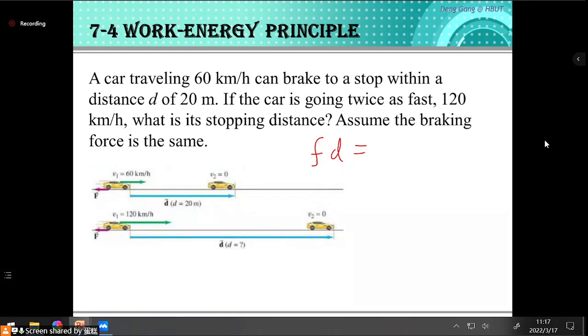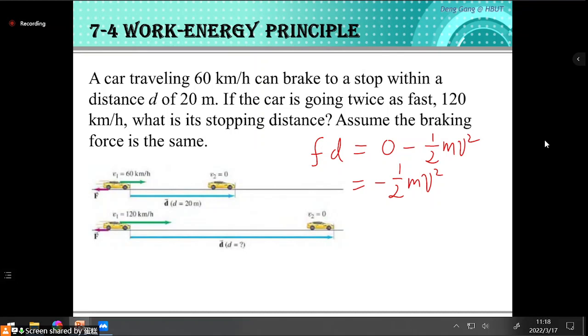So it is equal to 0 minus half mv squared, which is minus half mv squared.